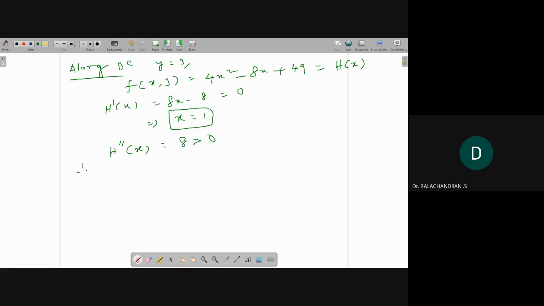So x is equal to 1 is also a minimum point of h of x, and hence 1 comma 3 is the minimum point of the given function f of x comma y on the line BC.